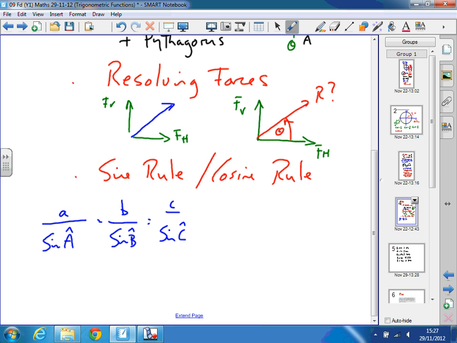And the cosine rule: a squared equals b squared plus c squared minus 2bc cosine A. I want to give you a chance to have a look at those. So the idea is that we're going to look at an example of each, and then I'm going to give the rest of the session over to you, just having a play with some of them. And I'll give you some exercises to look at in the textbook.